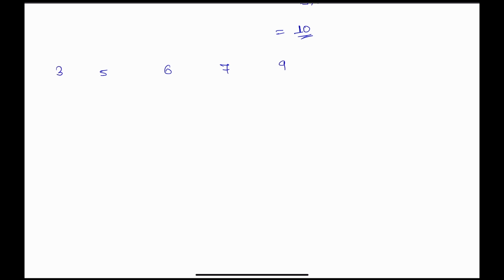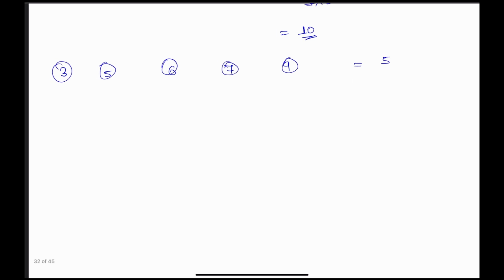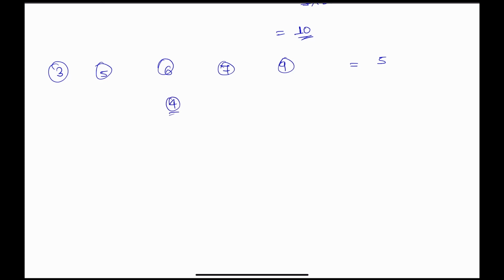So how many in total? 1, 2, 3, 4, 5, and we want to make a group of 4. So how many will there be? 5C4, 5 factorial upon 4 factorial into 1 factorial, so it will be 5. So a total of 5 groups will be there.